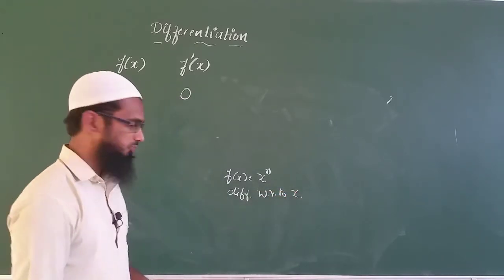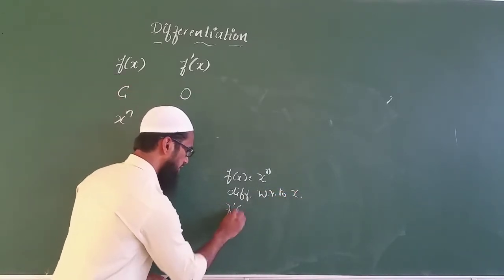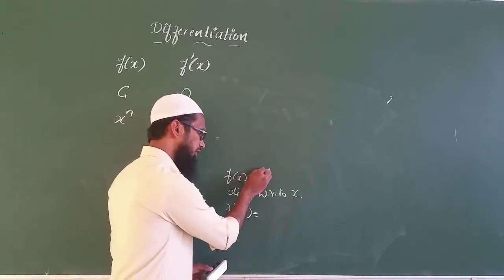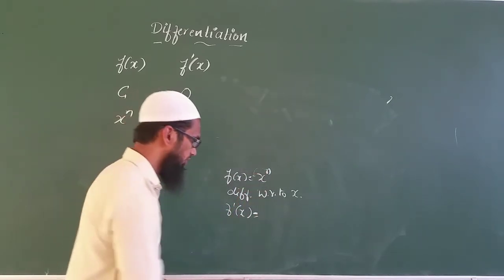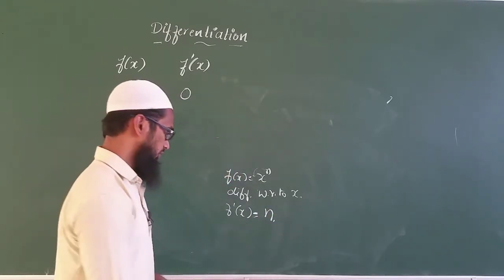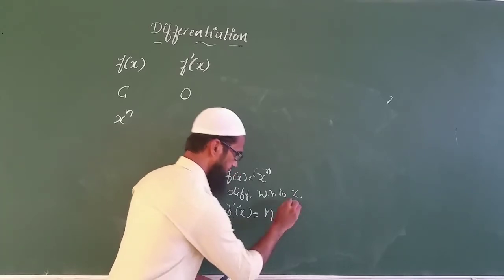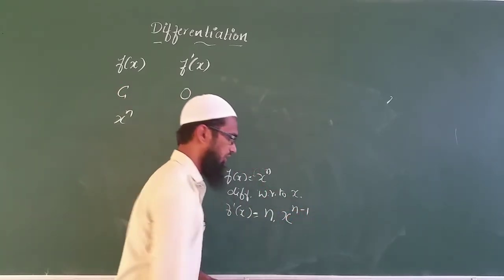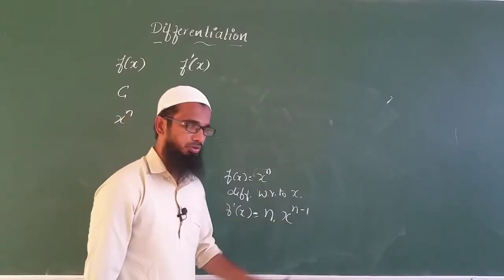So f dash of x is equal to: you just take this n to the front, you write n here, and write x as it is, but in the power you take n minus 1, that is, you subtract 1 from the given power here.